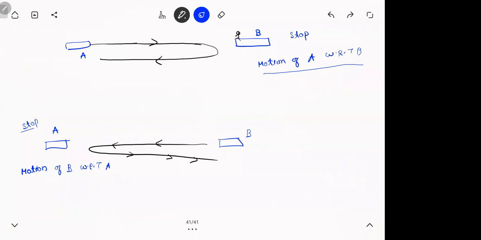This is just how the paths look, perspective. Copied? Let's see how to solve.